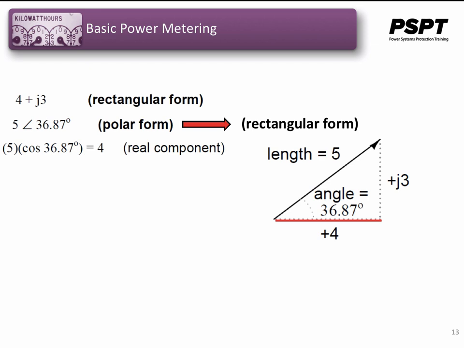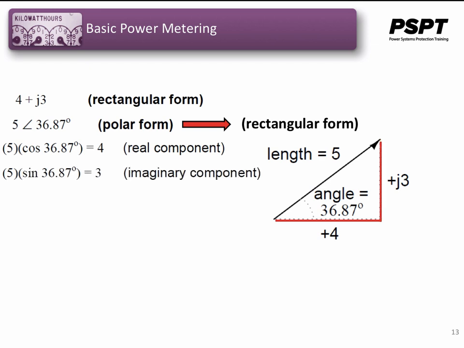The real component of the polar form you can take by multiplying the polar magnitude by the cosine of the angle. So you take the magnitude 5 and the cosine of 36.87, which is equal to 4, and that will give you the real component of the rectangular form.